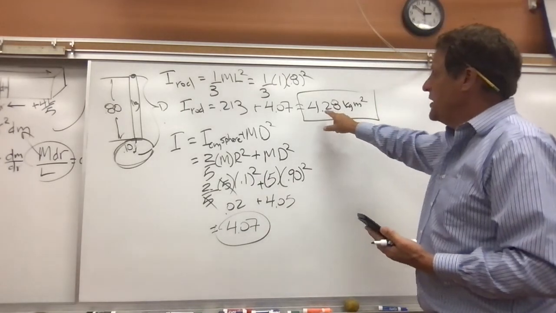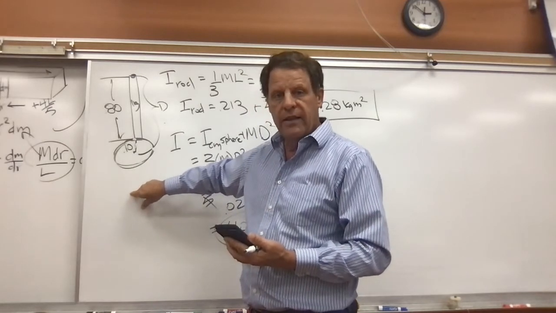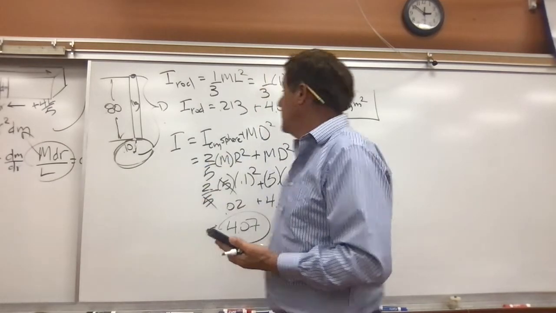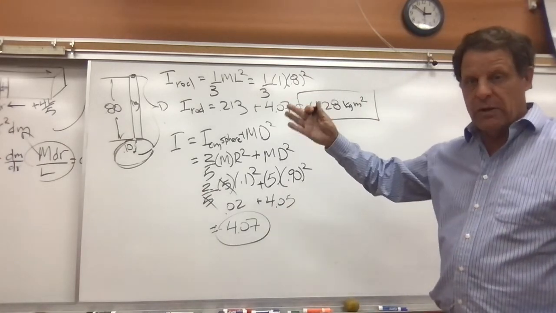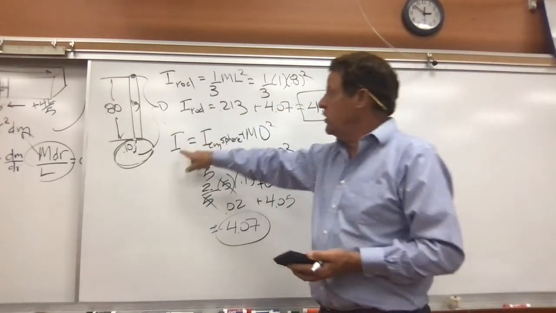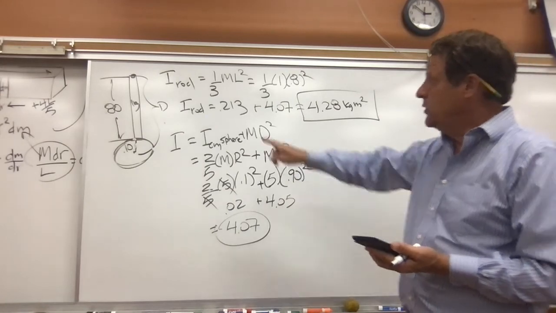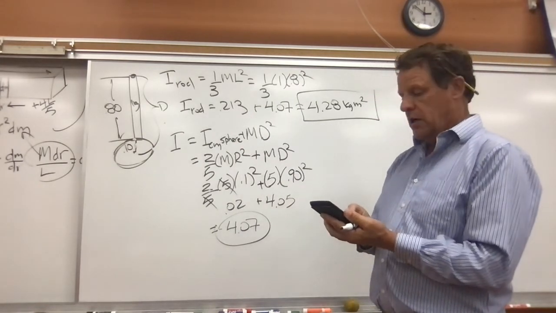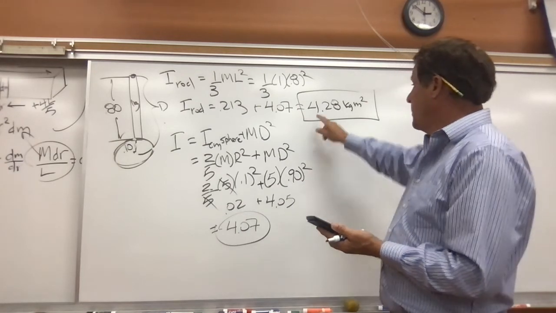So we can see, because this mass is far away, the greater the distance from the axis of rotation is going to make a much bigger difference in the total I. If we just add that to our original 0.213, now we're at 4.26.